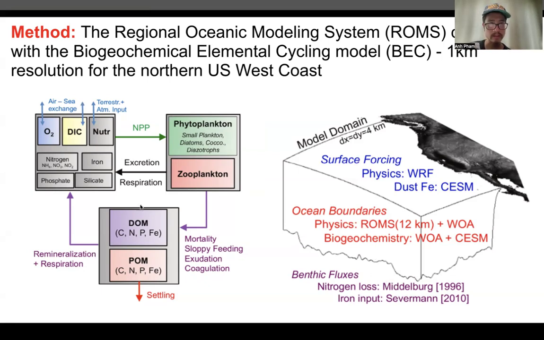And on the right-hand side here, we have a schematic showing the biogeochemical elemental cycling model that represents the cycling of oxygen, carbon, nitrogen, phosphorus, and iron, and represents phytoplankton and zooplankton.